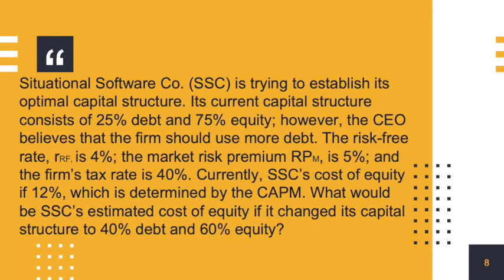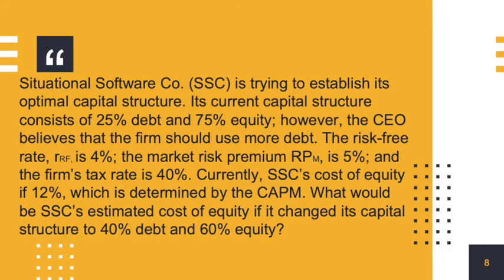Situational Software Co., or SSC, is trying to establish its optimal capital structure. Its current capital structure consists of 25% debt and 75% equity. However, the CEO believes that the firm should use more debt.